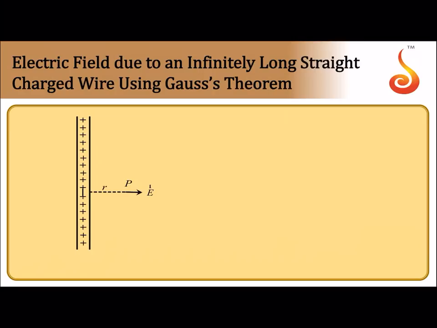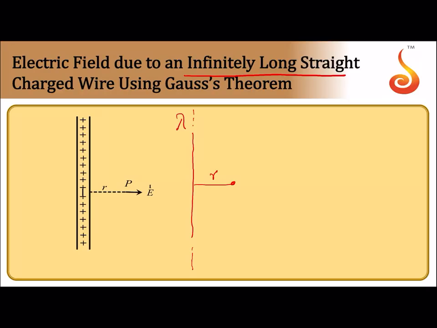Now you may notice that this is an infinitely long straight charged wire. That's correct? Yes. Now I will show this construction. This is a long line of charge. Let's assume that lambda is the linear charge density and we are interested in finding the electric field at a distance r.